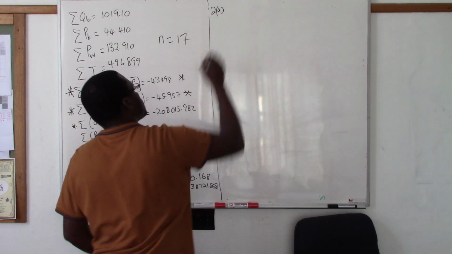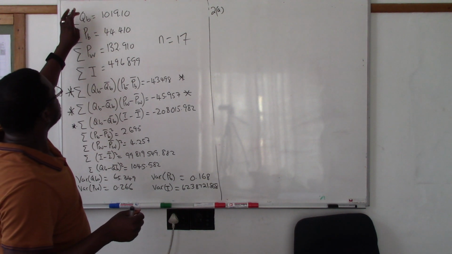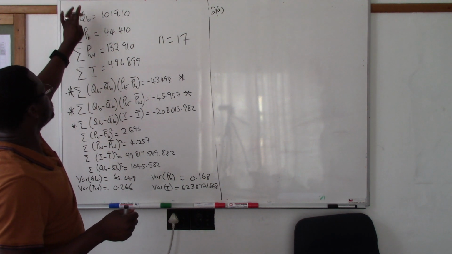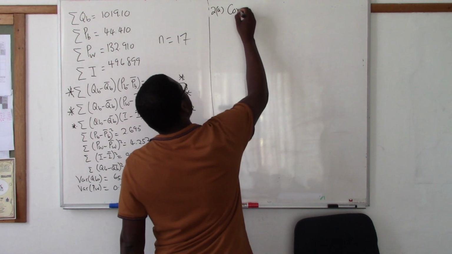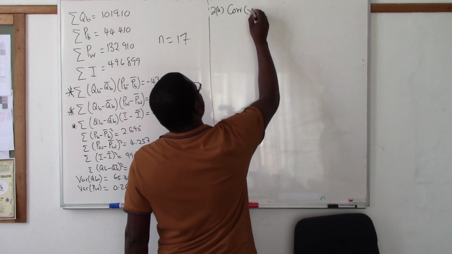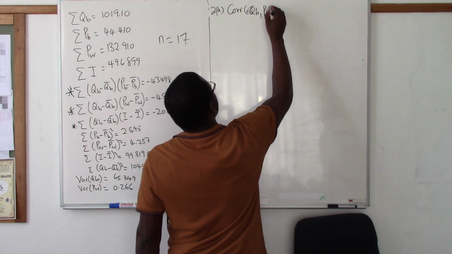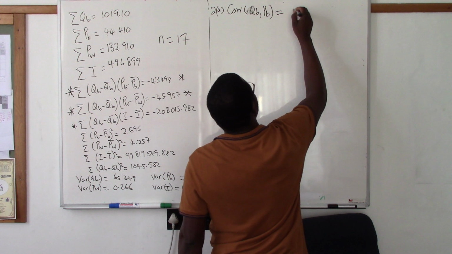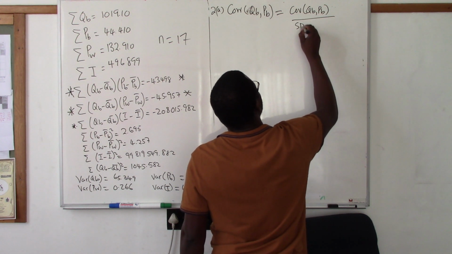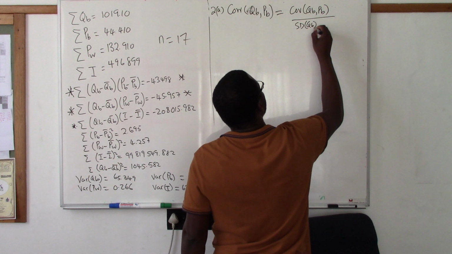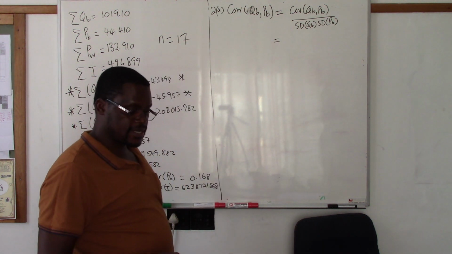So you are required to calculate the correlation coefficient again between QB and PB, QB and PW, QB and I. So what we know is that the correlation of QB and PB is just the same as the covariance of QB, PB, everything over standard deviation of QB, standard deviation of PB. That's what you need.